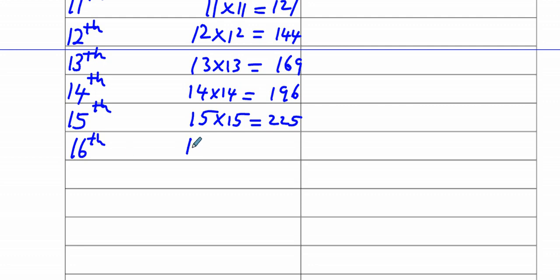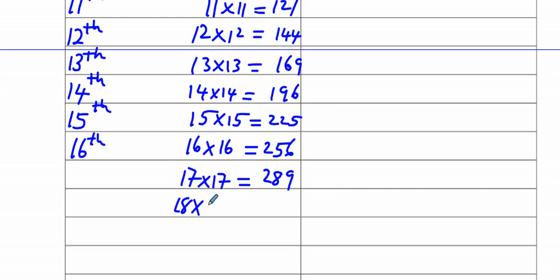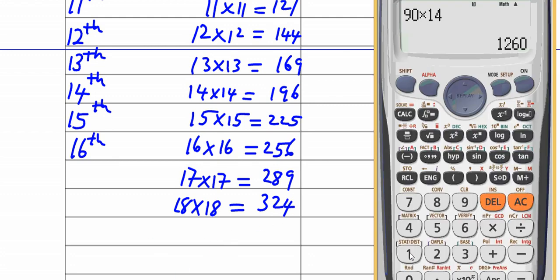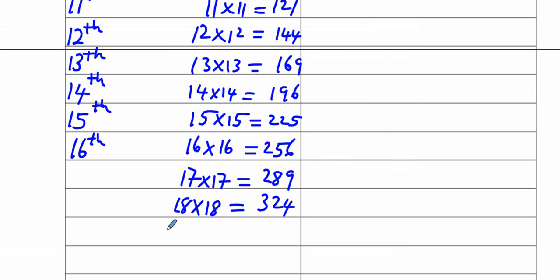That will be equal to 16 times 16 equals 256. 17 times 17 gives you the 17th, which is 289. 18 times 18, that will give you 324. You can check that using a calculator.